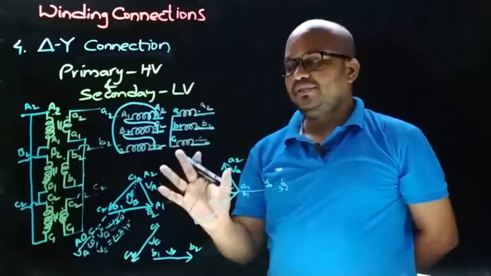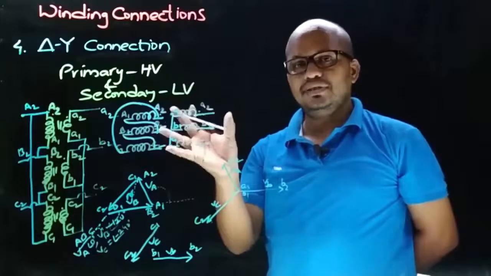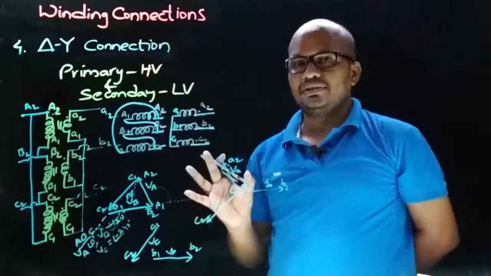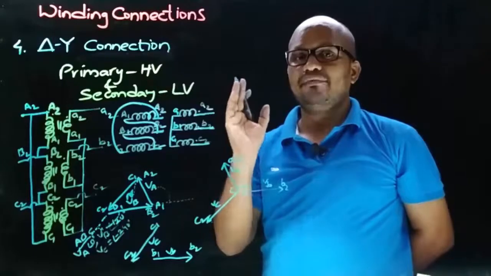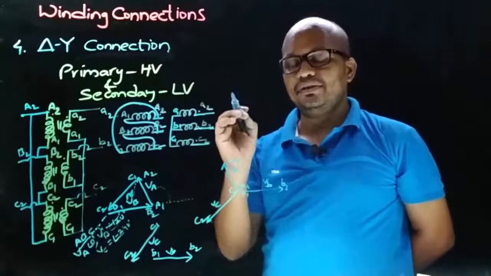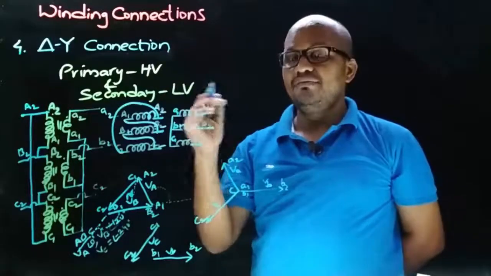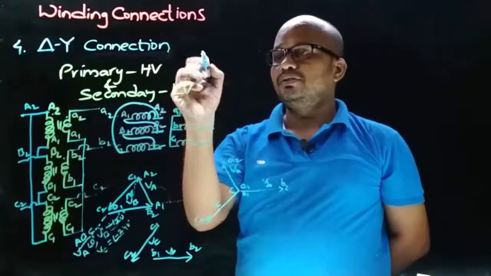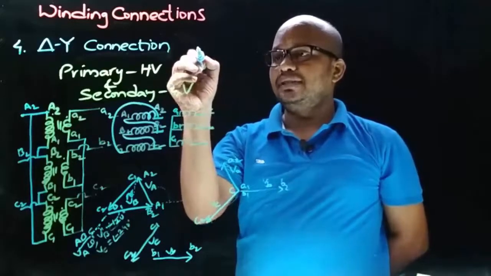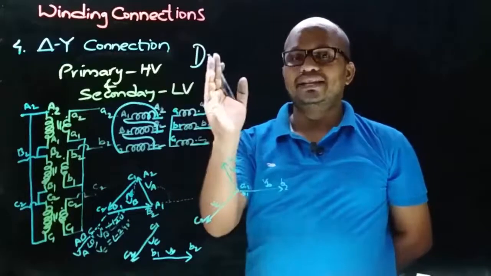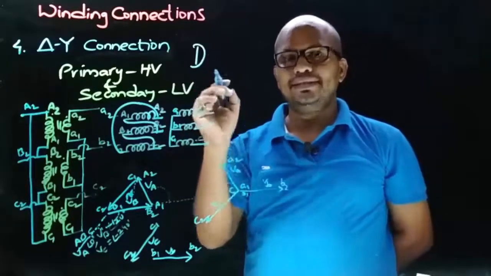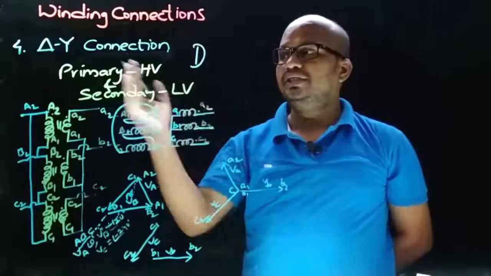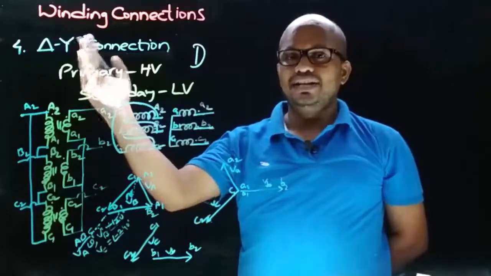And now let's identify the vector group symbol for this type of delta star connection. We know that the first character in the vector group symbol is in capital letter, and that will indicate the HV winding connection. And here the HV winding connection is delta, so it is represented with capital D. And now the second character in the vector group symbol is in small case, and that will indicate the LV winding connection.